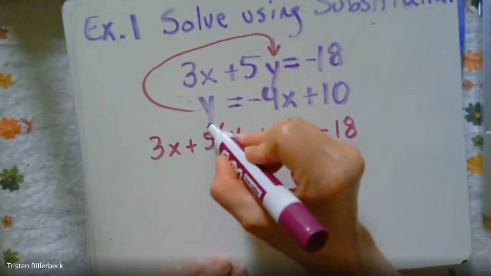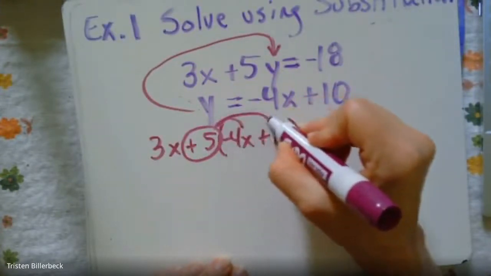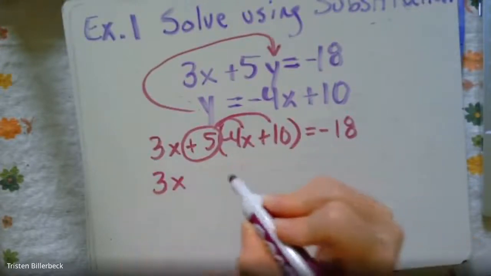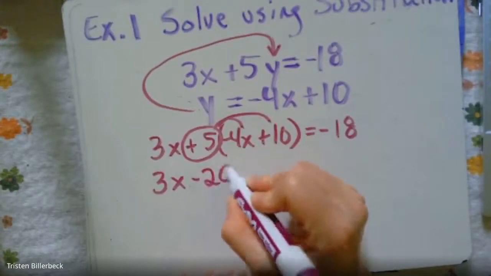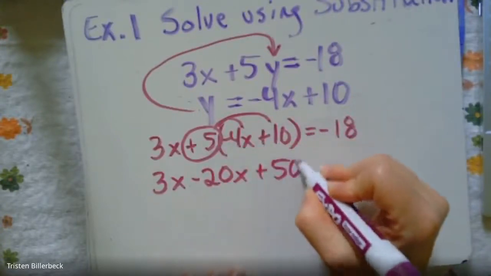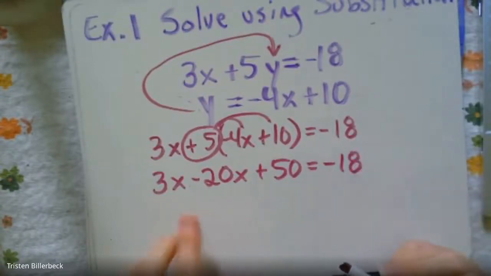So I'm going to grab this 5 with its sign in front and distribute. So I have 3x, and then 5 times negative 4 is negative 20x. 5 times 10 is 50, and then that equals negative 18.